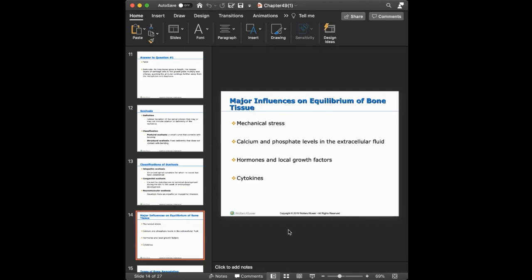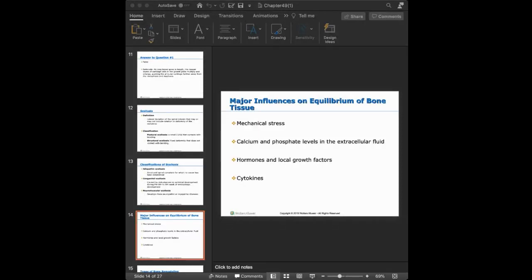So what is equilibrium? Balance, exactly. So things that help us to maintain equilibrium of the bone tissue, or balance of the bone tissue, is mechanical stress. So where the stress is on our body. How we stand, how we sit, how we walk, how strong our bones are and how much stress we put on our bones can affect the equilibrium.